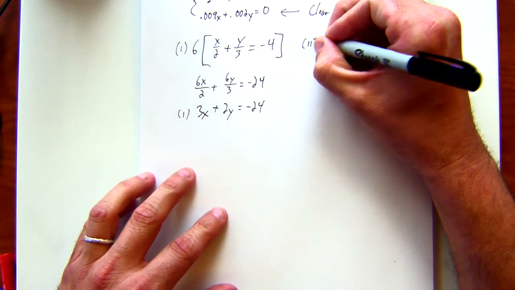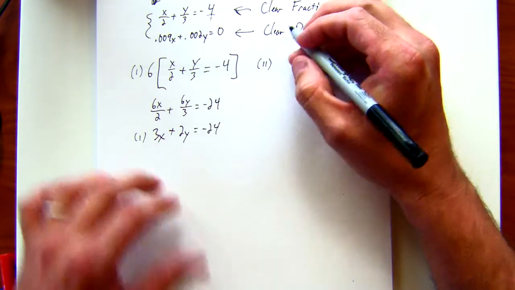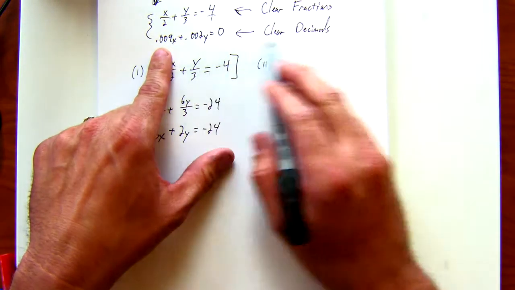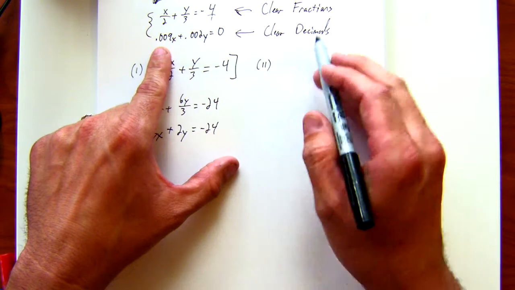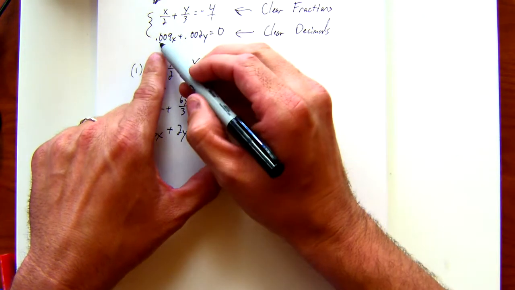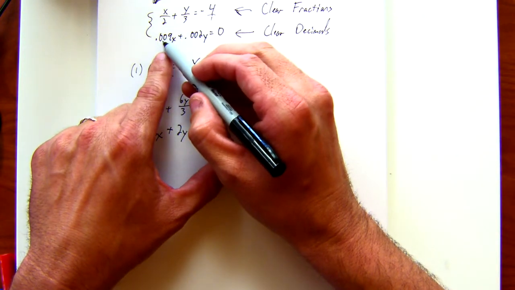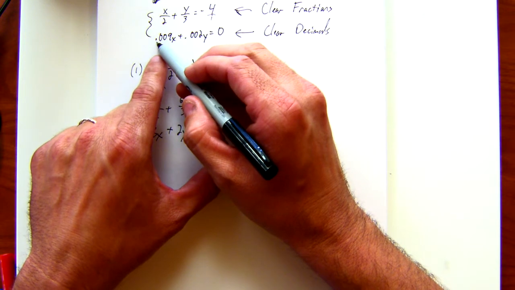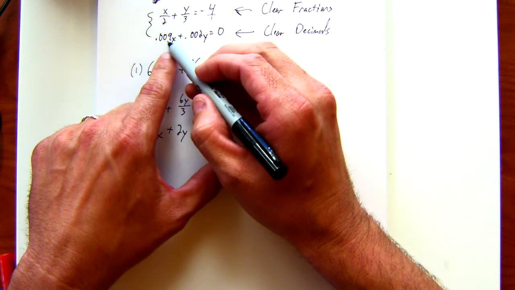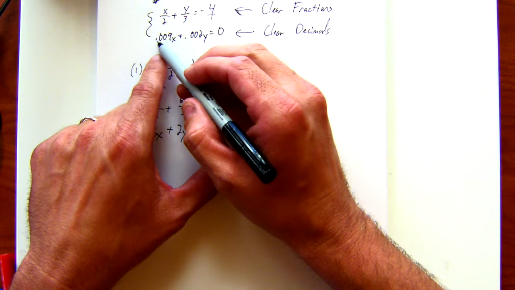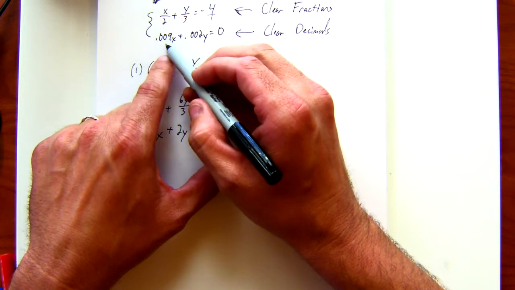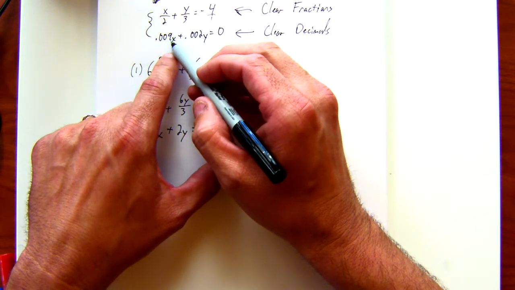For the second equation, what did you say I wanted to multiply this by to clear the decimals? 1,000, because if I multiply it by 10, the decimal moves to the right once. If I multiply it by 100, the decimal will move to the right twice. Do you guys remember that rule? If you multiply it by 1,000, the decimal will move to the right 3 times.